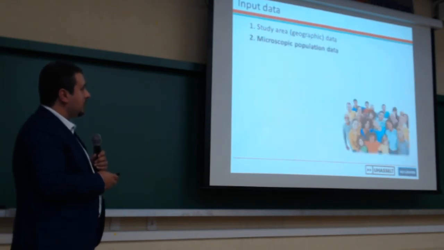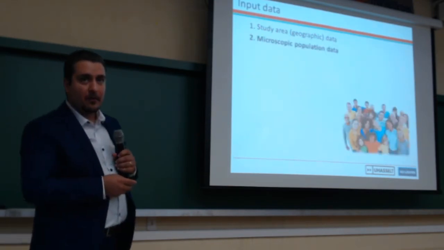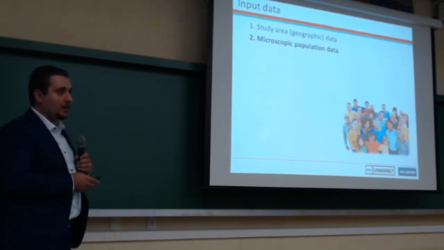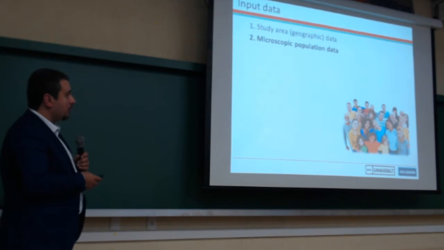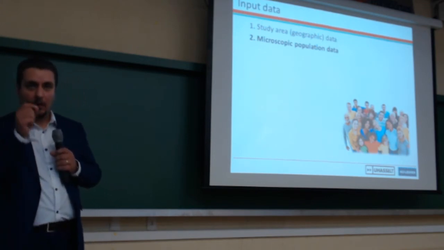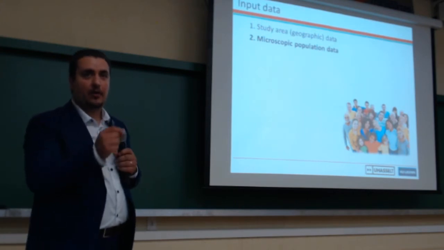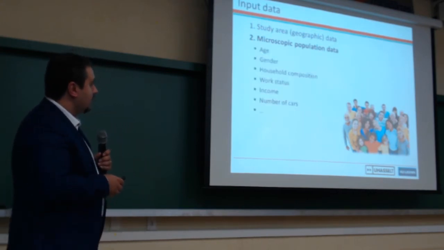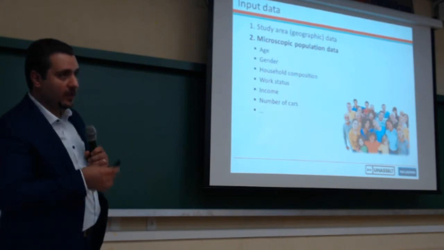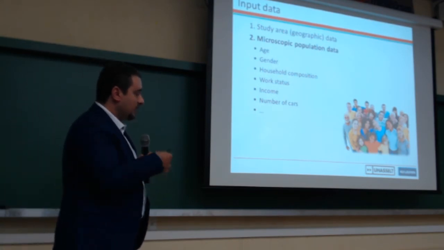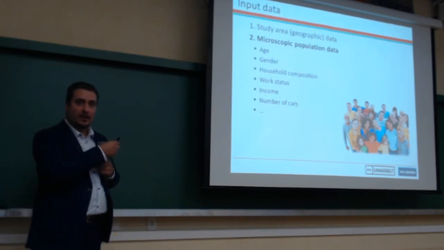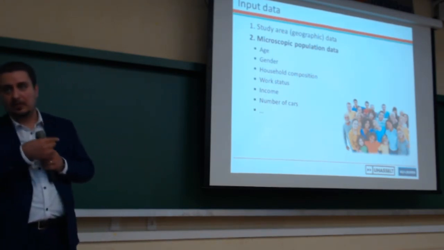Okay. Then the second type of information that we need is the microscopic population data. What do we mean by microscopic population data? These are the different characteristics of all individuals in our study area: age, gender, household composition, work status, income, number of cars, etc. These are the major and most important characteristics of all those individuals.